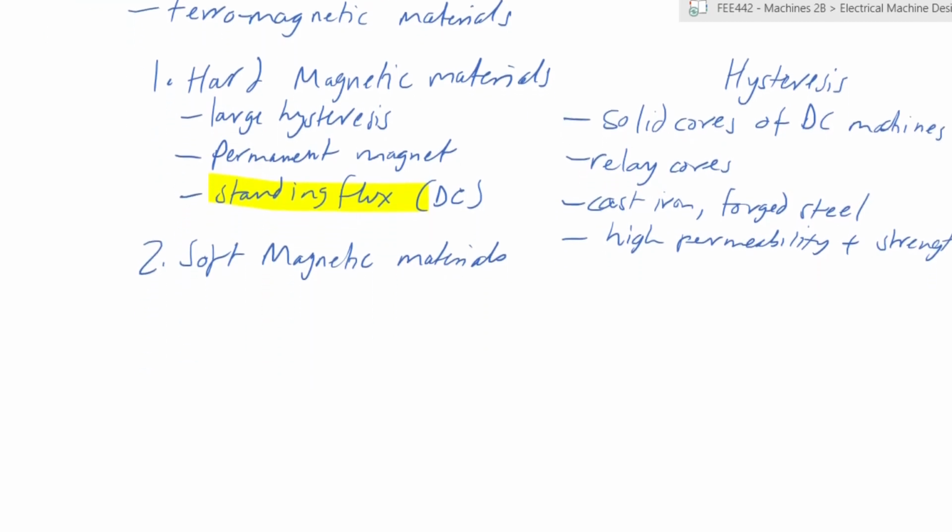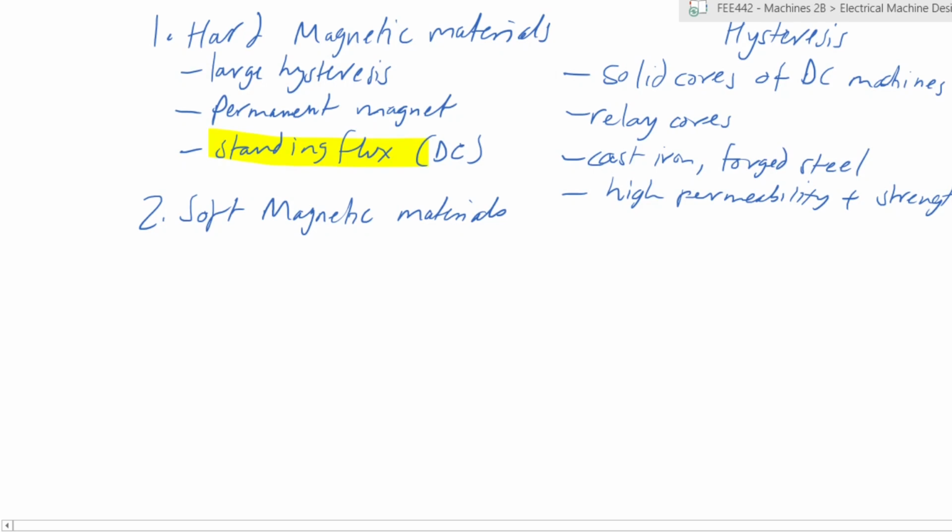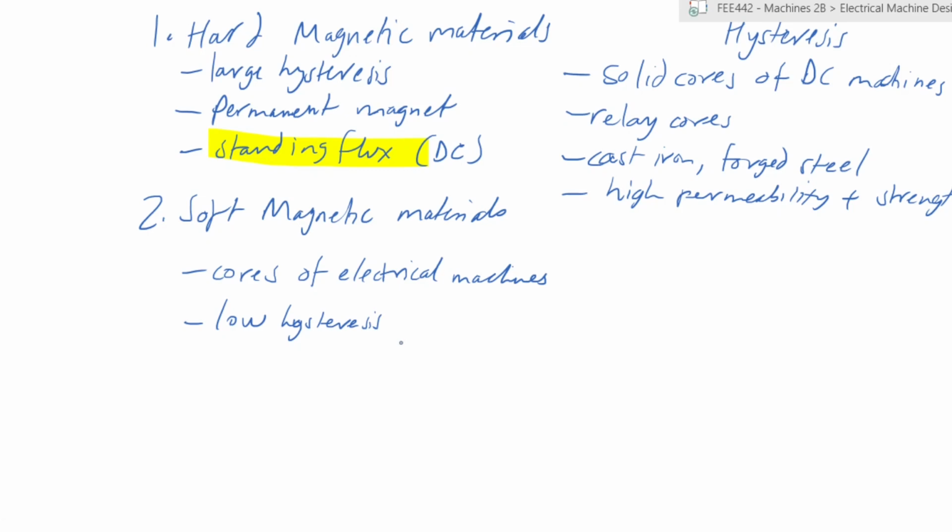Next, we have soft magnetic materials, and now these are generally used in the cores of electrical machines that have AC. That is because they have low hysteresis. That is, it is easy to set up a magnetic field within these materials, but at the same time, they lose that magnetic field very quickly. So the hysteresis curve is very narrow.